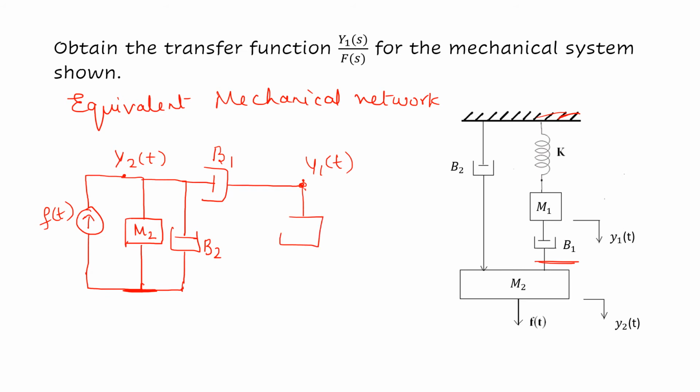So this is m1 and the spring effect k. This is the mechanical equivalent network.